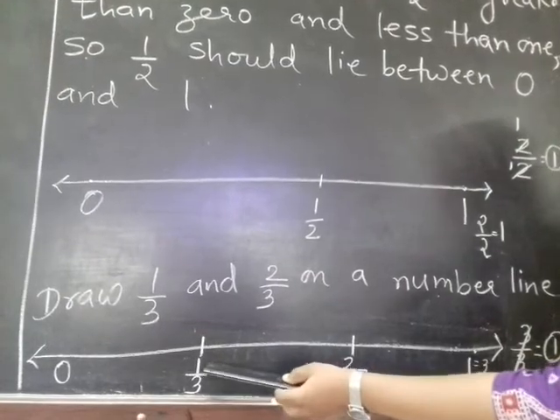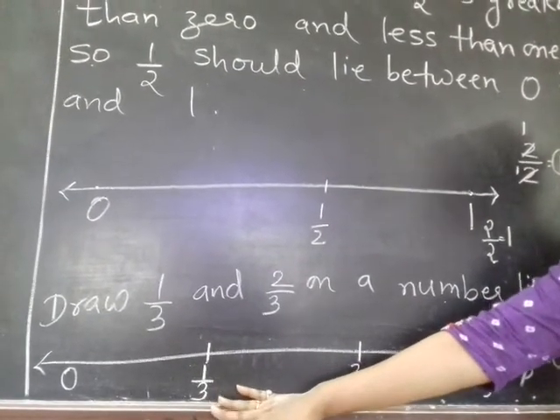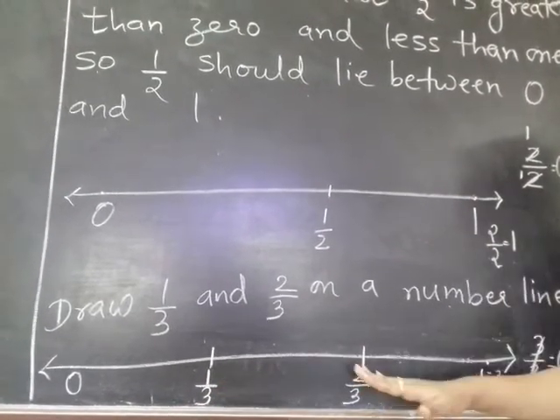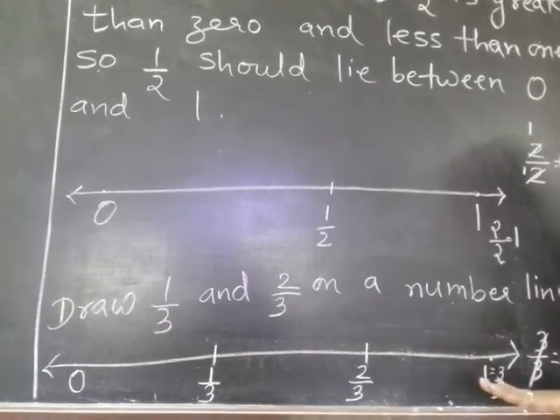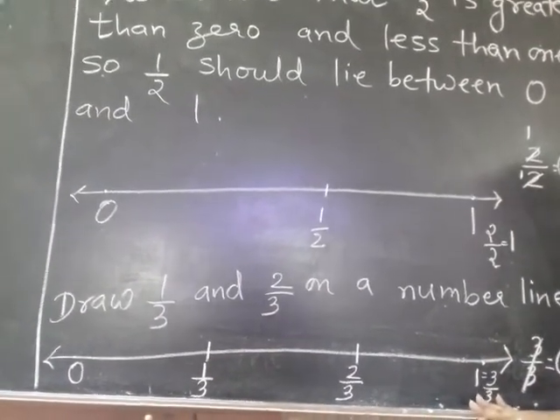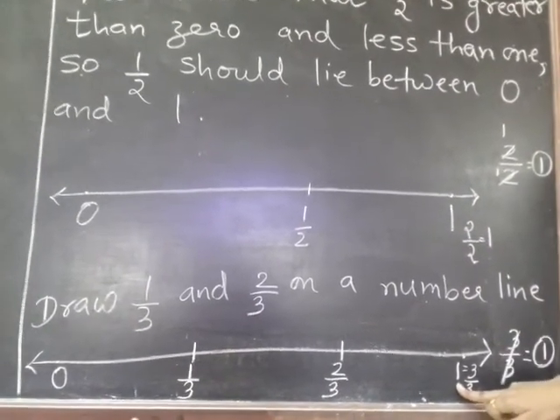The very first number will be 1 upon 3. The denominator is going to remain the same, only you have to change the numerator. After 1 upon 3 comes 2 upon 3, and after 2 upon 3 I have 3 upon 3. That 3 upon 3, as numerator and denominator are common, will cancel and become 1. Hopefully this is clear.